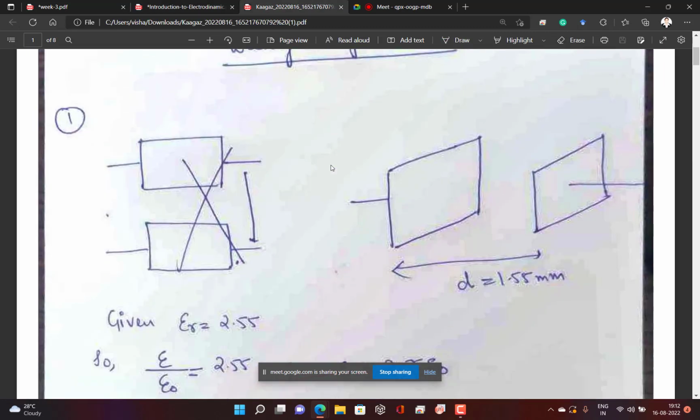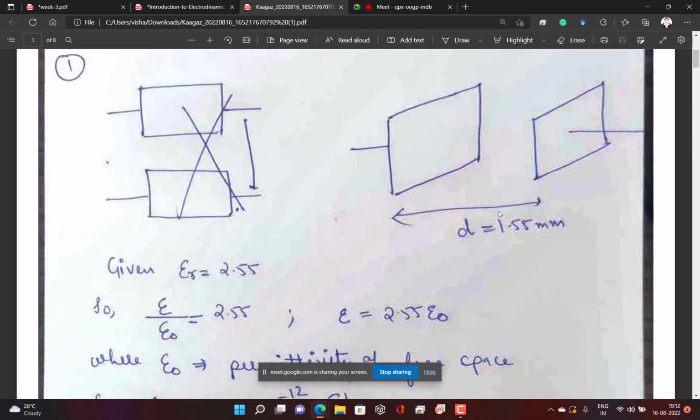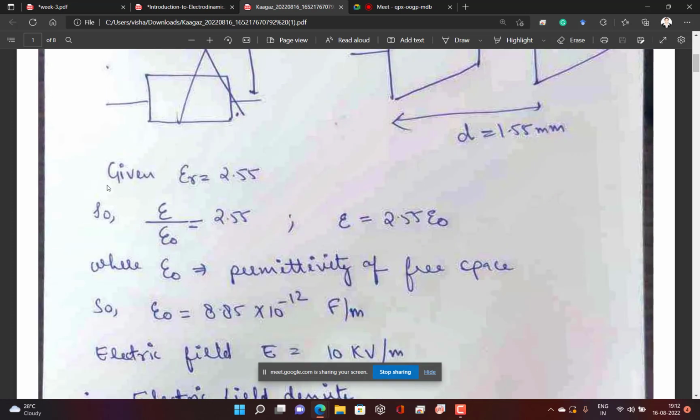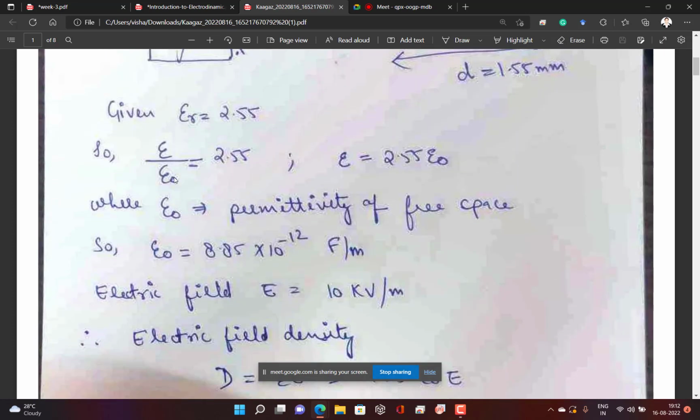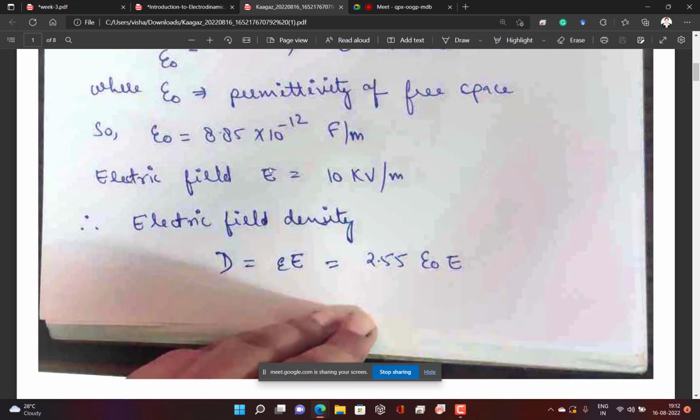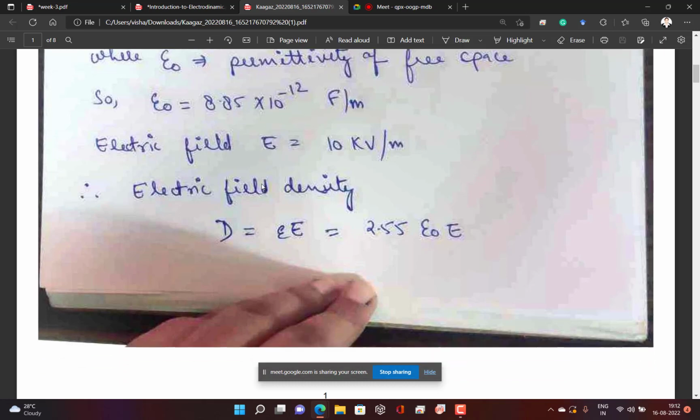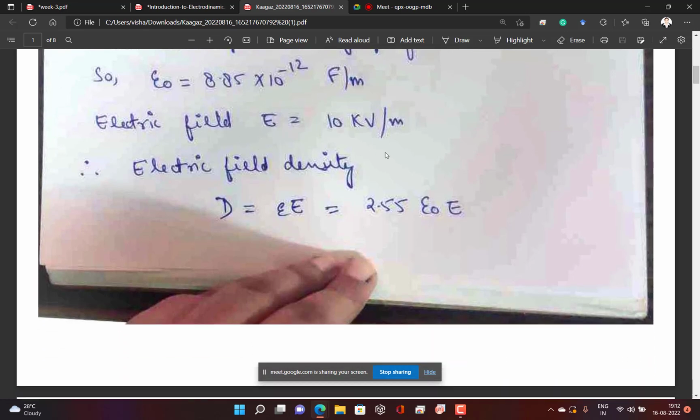Epsilon is given as 2.55, so epsilon upon epsilon naught is 2.55, and epsilon is 2.55 times epsilon naught. Epsilon naught, the permittivity of free space, is 8.85 times 10 to the power minus 12. Electric field is given to us already.